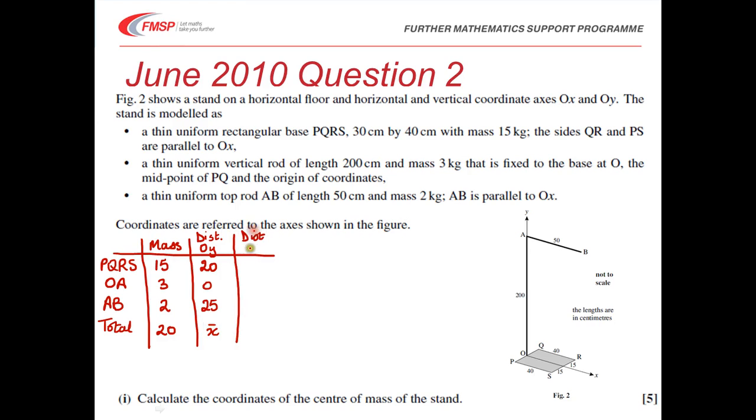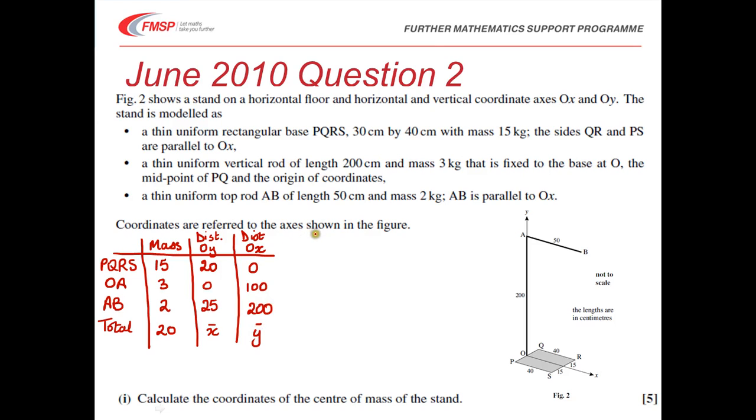Now looking at the distances from the horizontal axis to get our vertical coordinate of the centre of mass. The flat base obviously lies on the axis, so that has a distance of 0, and we can complete the other distances just by reading off the diagram.